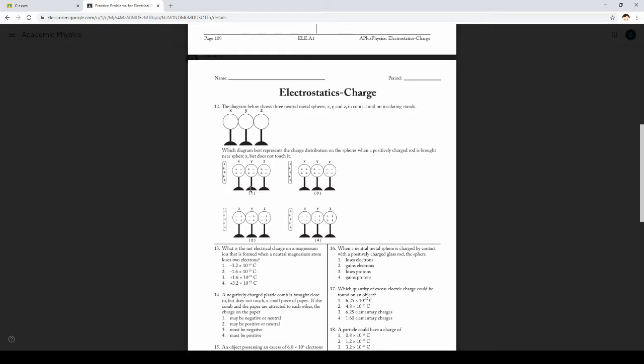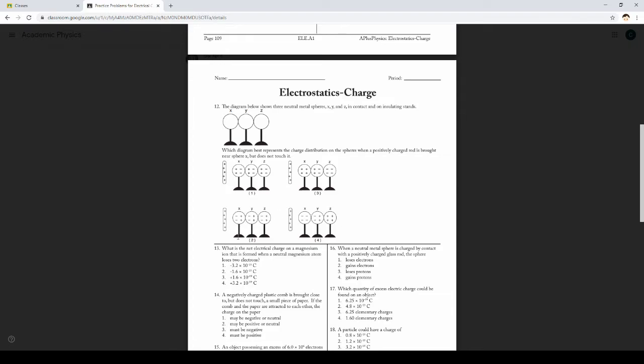We know the negative charges and positive charges are inside of these spheres because these spheres are made of atoms, and atoms are always made of positives and negatives. The positively charged rod will attract negatives in the metal. So we will have negatives near this positively charged rod. So that means number 1 is wrong because we show positives getting attracted, and that's wrong. Number 3 is wrong because it shows positives being attracted, and that's wrong.